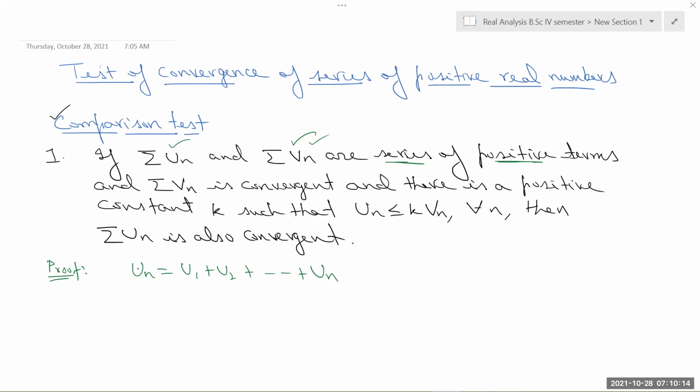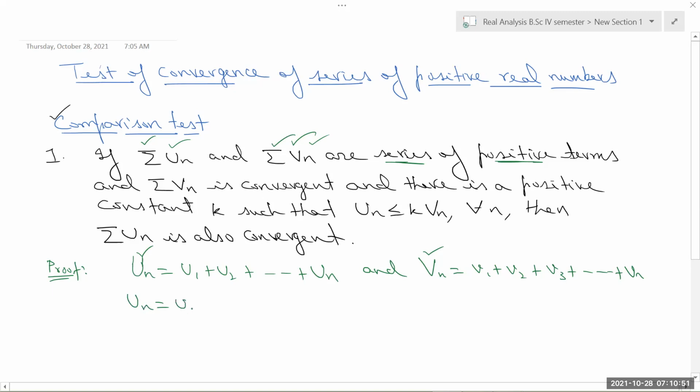We can use the notation small u, and on the right one can use capital U just to differentiate it, and capital Vn be the sequence of partial sums of small v1 plus v2 and so on. So this one is the sequence of partial sums of this series, and this one is the nth partial sum of the other.